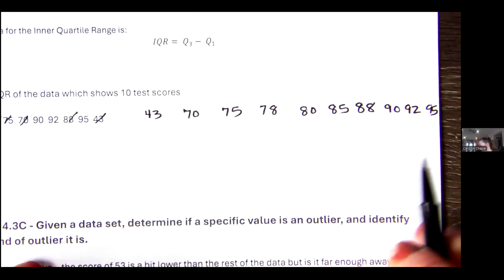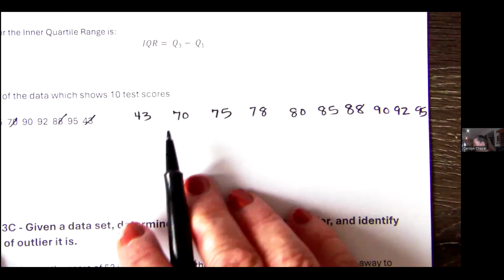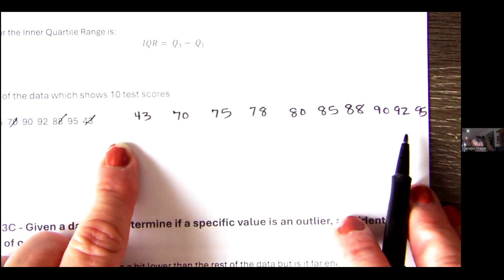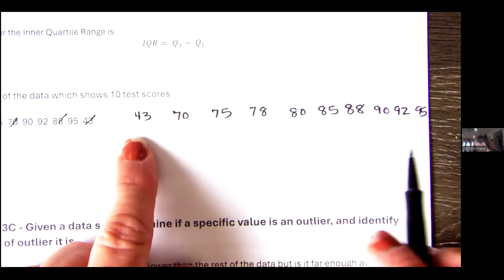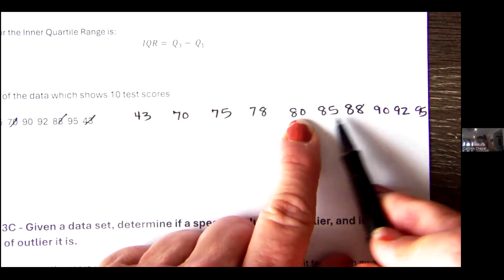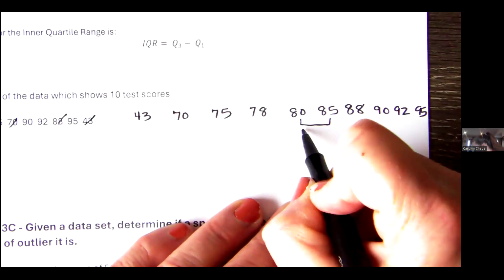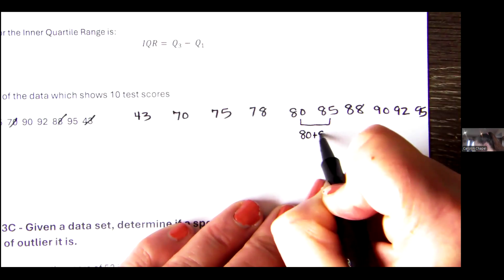Okay. Well, we're going to find our Q1 and our Q3. But in order to do that, I need my second quartile as well. The second quartile is going to be the middle of these values. We have 10 scores. So 1, 2, 3, 4, 5. 1, 2, 3, 4, 5. So our middle would be the average of these two, since I don't have a true middle value.